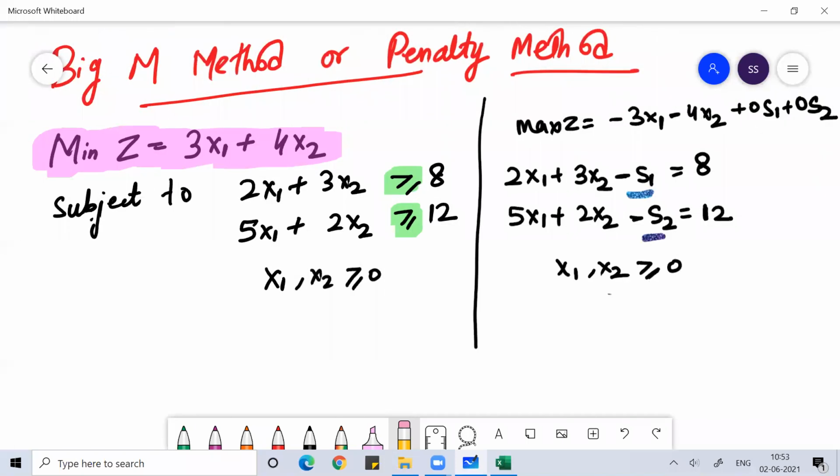But if you are trying to solve it by the simplex method, you cannot solve it with the negative slack variable, guys.